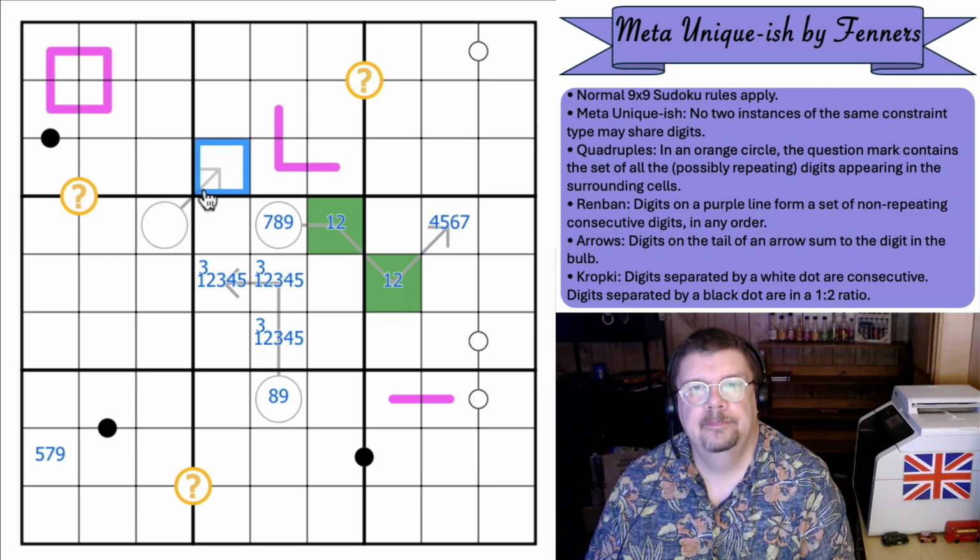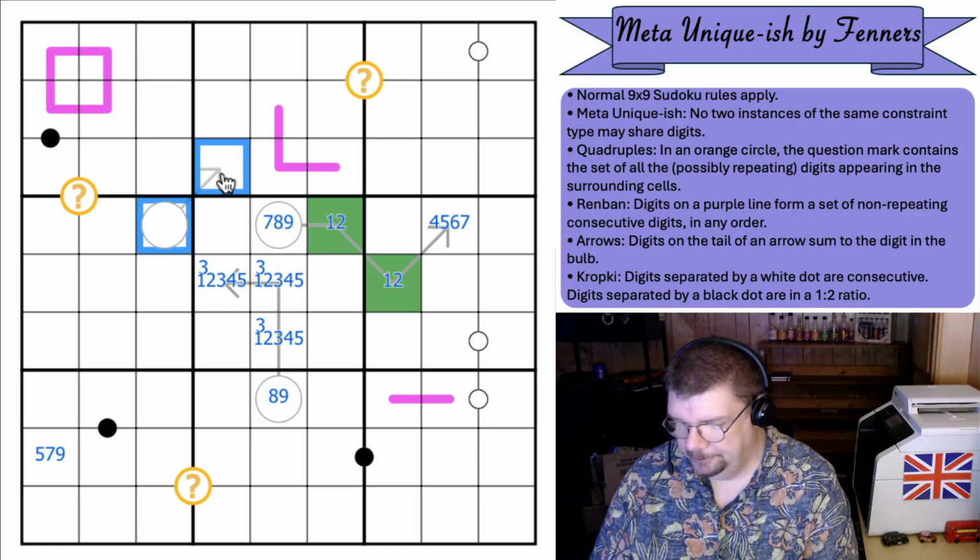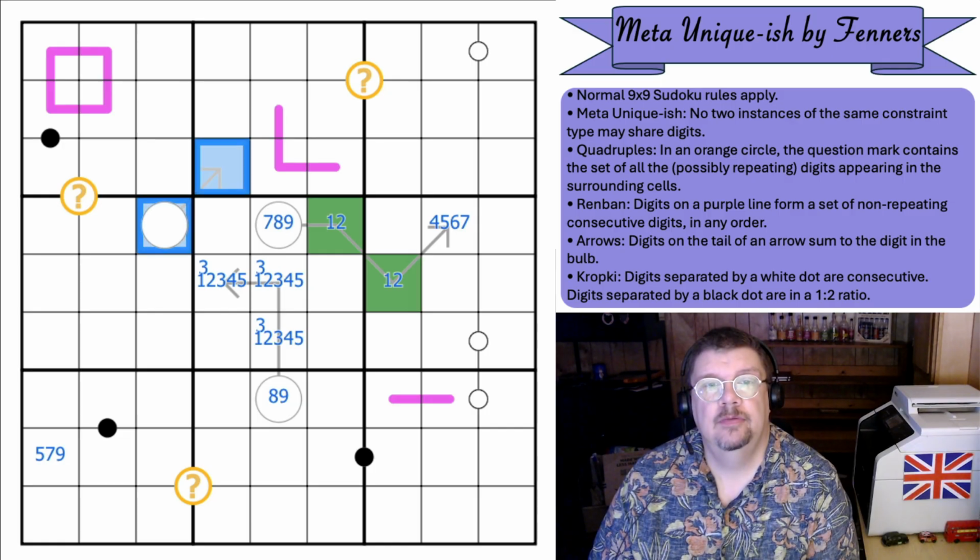Okay. And that is anything from 4 up. All right. I am going to mark this cell because I can see that that goes on this Renban somewhere.